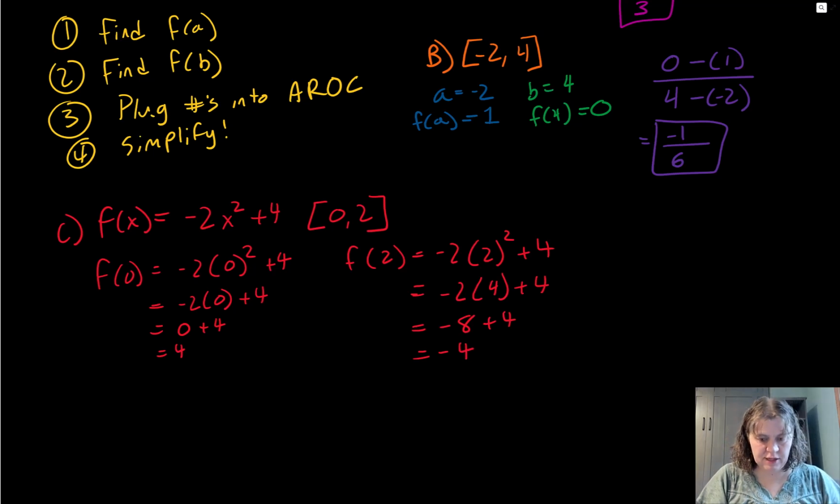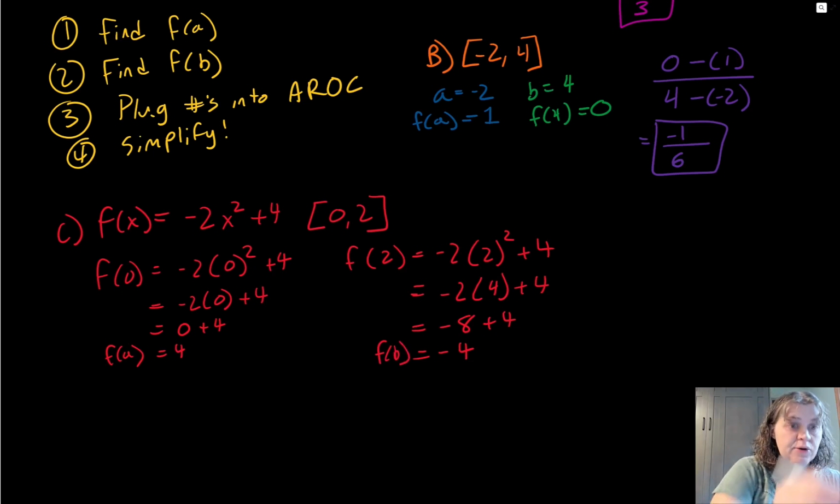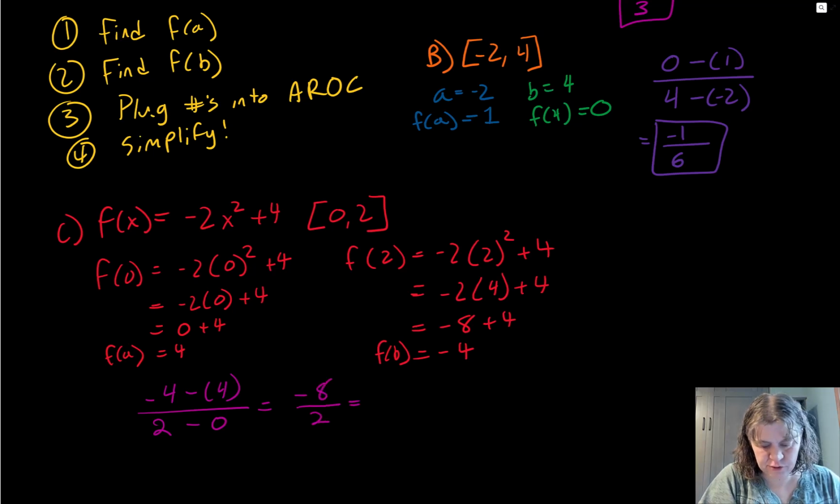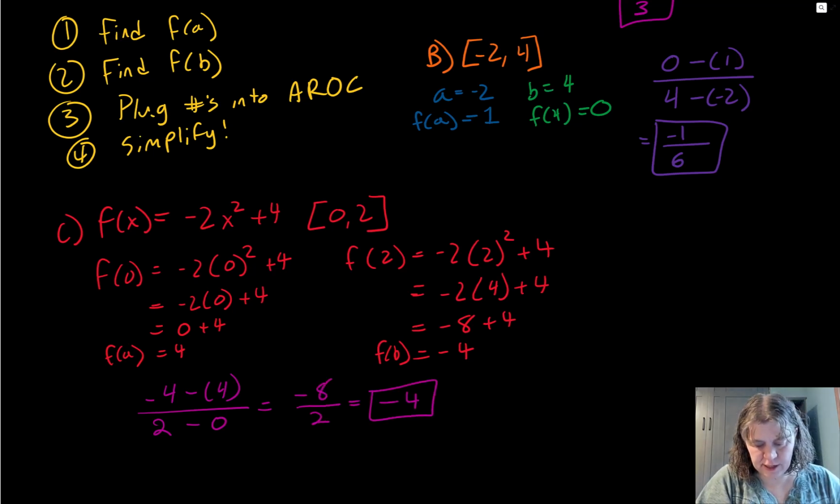So there's my f of a, and this is f of b. So plugging things into the formula, I've got negative 4 minus 4 over 2 minus 0, which will give me negative 8 over 2, which does simplify down to negative 4. And there's my average rate of change.